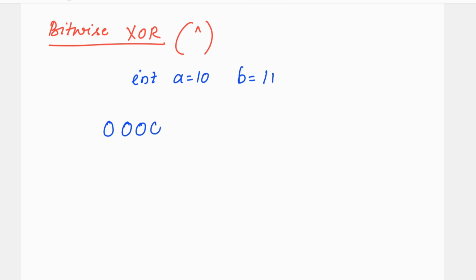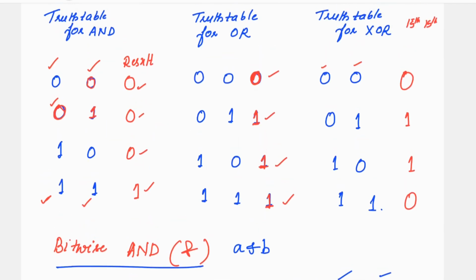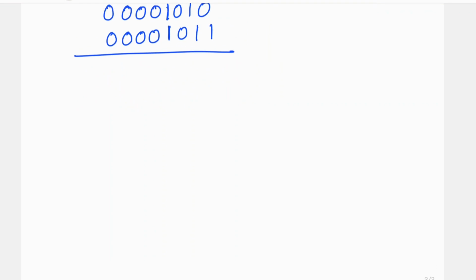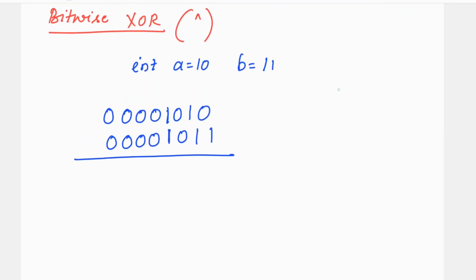So write it in terms of bits. In case of XOR operation, if both the bits are zeros, then the result is 0. If both the bits are ones, then the result is 0. Otherwise it is 1. So the same XOR operation let us apply here for this example. So what is the logic? If the bit of the first operand is 0 and the corresponding bit of the second operand is 0, then the result is 0.